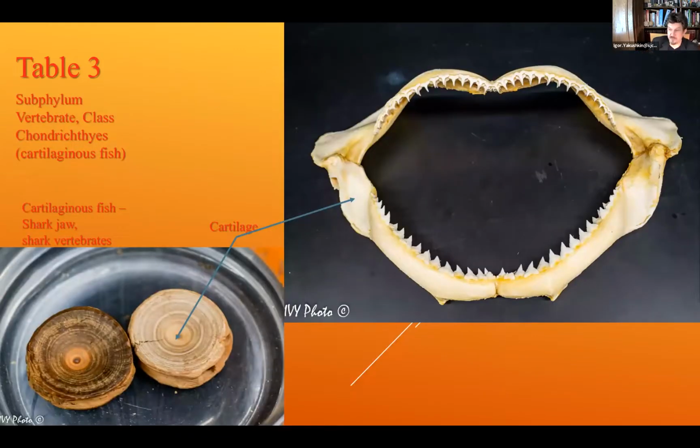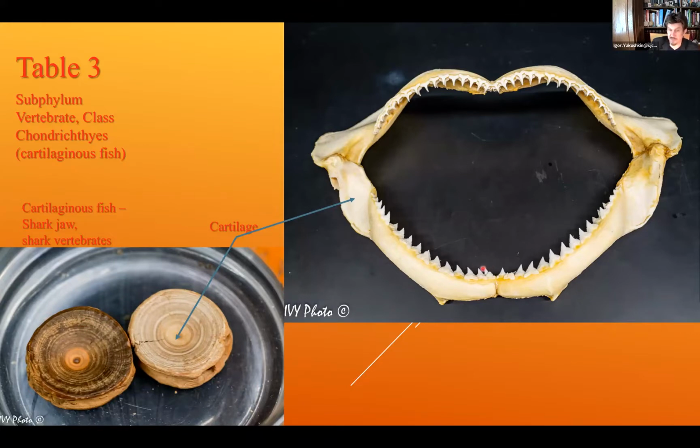So yes, very, very well preserved because they are made out of one of the toughest, if not the toughest, mineralized structures in pretty much the entire body. So here we're looking at the jaws as well as the shark vertebrae. And again, looks like bone, feels like bone, but it's cartilage.